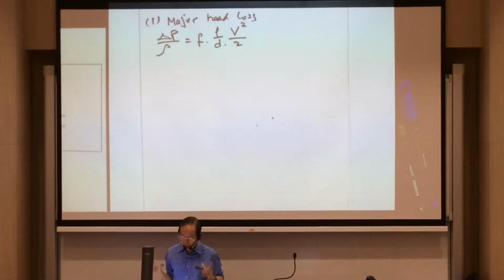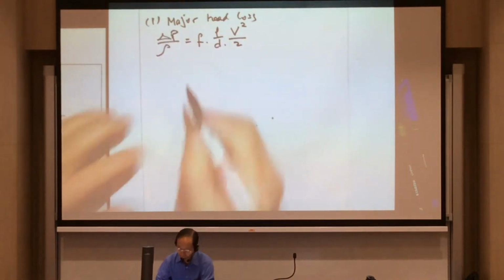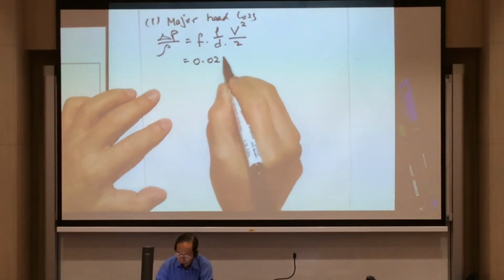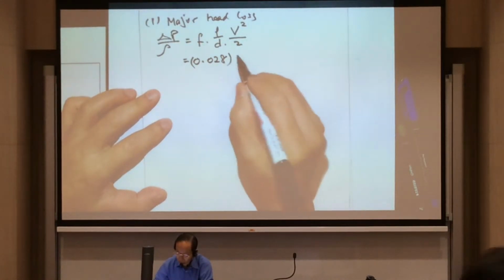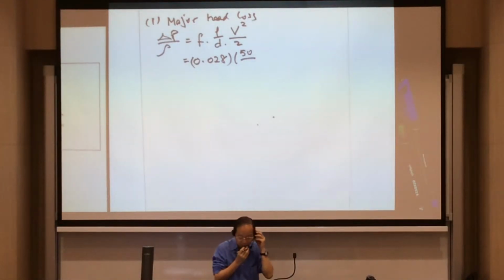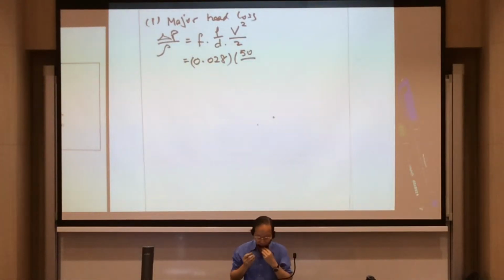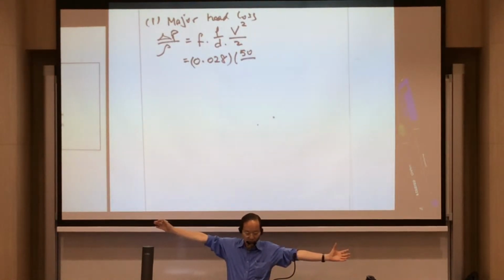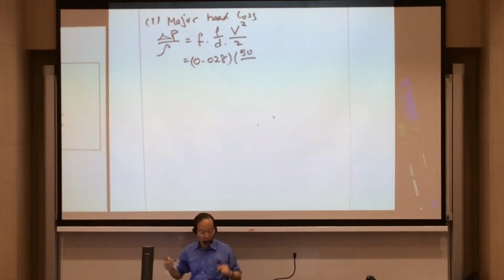And we just plug in the values that are given to us. Our friction factor is given as 0.028. The pipe length is given as 50 meters, so very long. And the diameter is 0.25 meter.